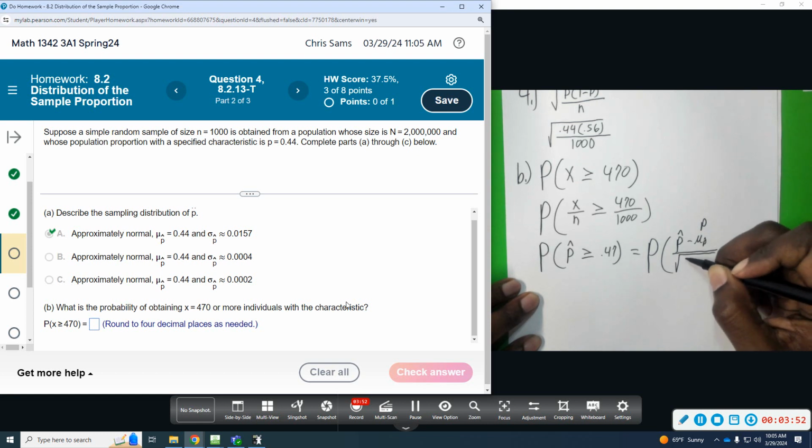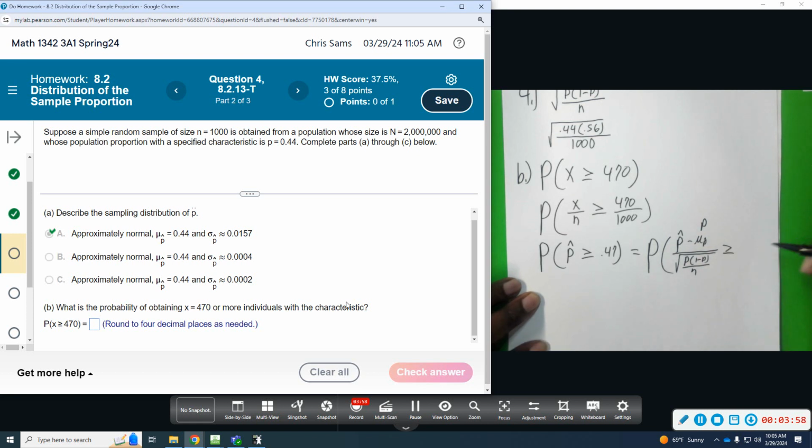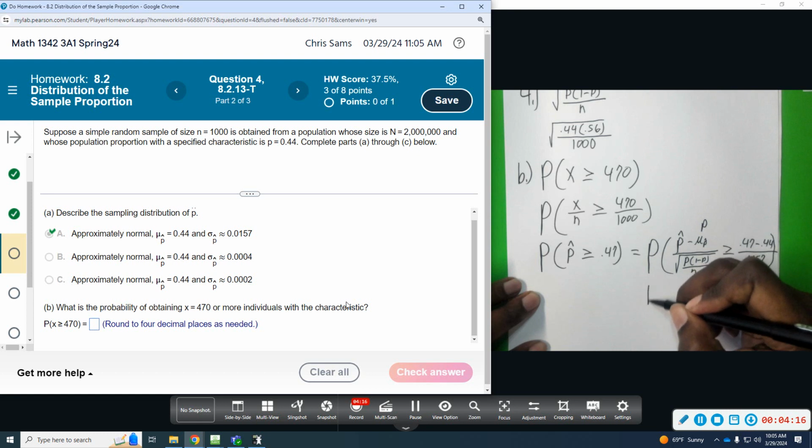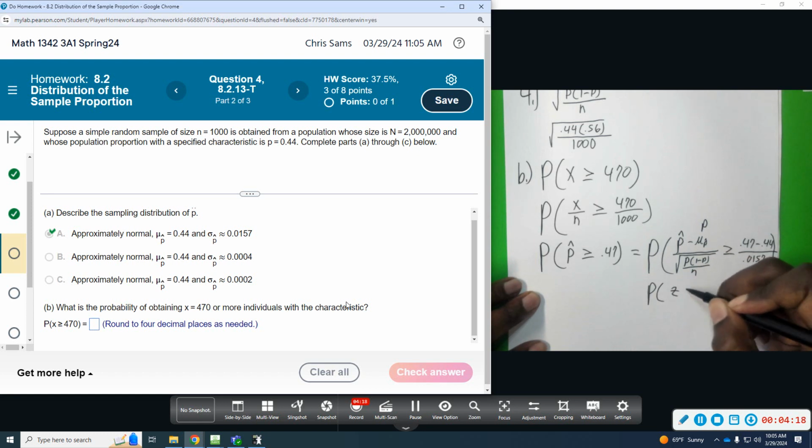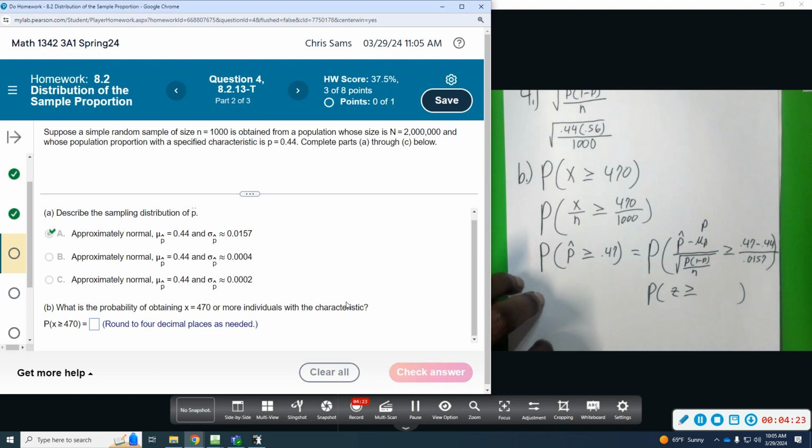This is the formula, the square root of p times 1 minus p over n, is greater than or equal to, and the numbers we will be using are 0.47 minus 0.44, divided by this calculation which we just got and rounded to 4 decimal places, which was 0.0157. So we would come up with a z value, z greater than or equal to some number, and then we could use the table to figure that out.